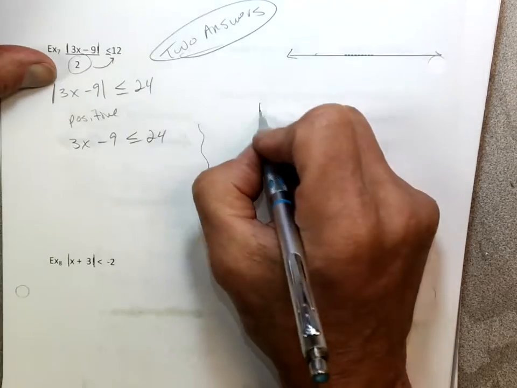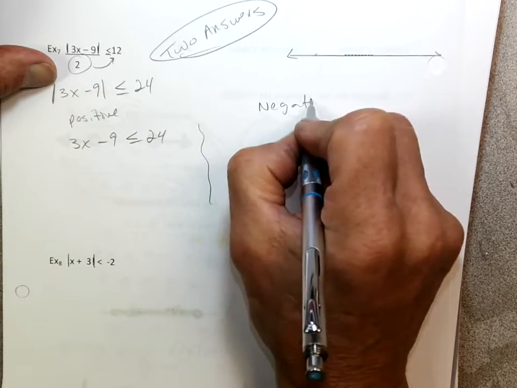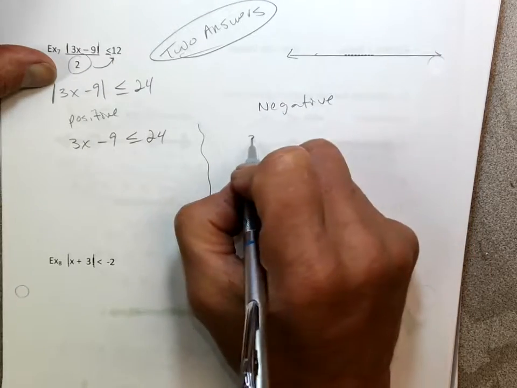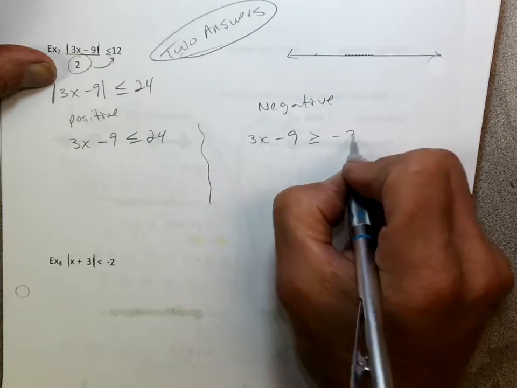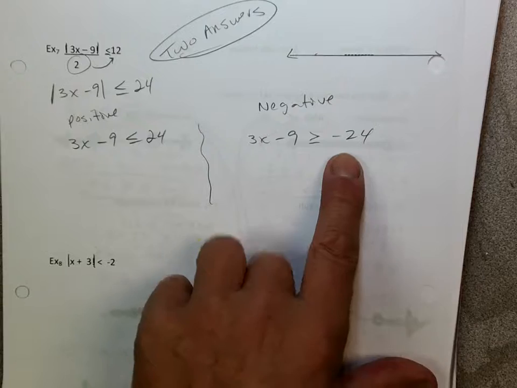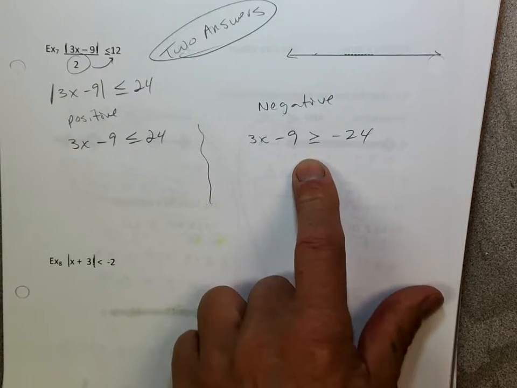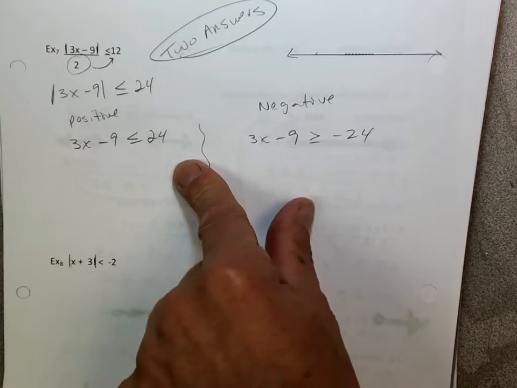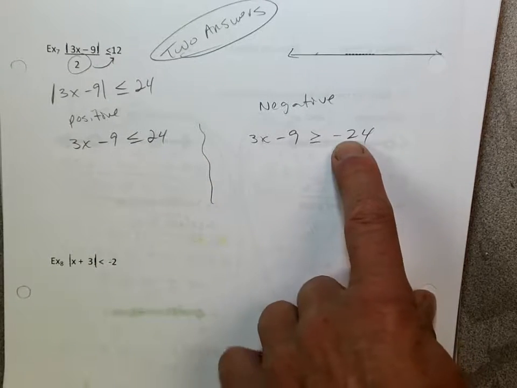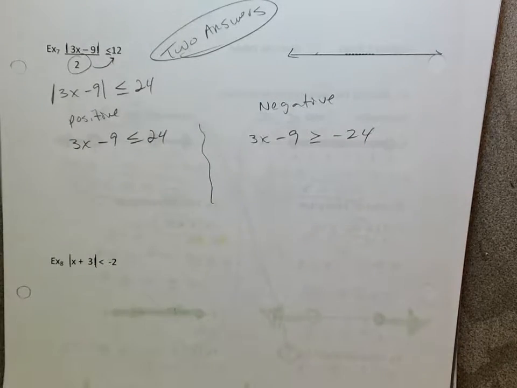And then my negative part is going to be my 3x minus 9 is greater than or equal to negative 24. If I make it negative, I've got to turn the sign. So I did that. So I wrote the positive part. When I wrote the negative part, I turned the sign. 2 answers, always 2 answers.